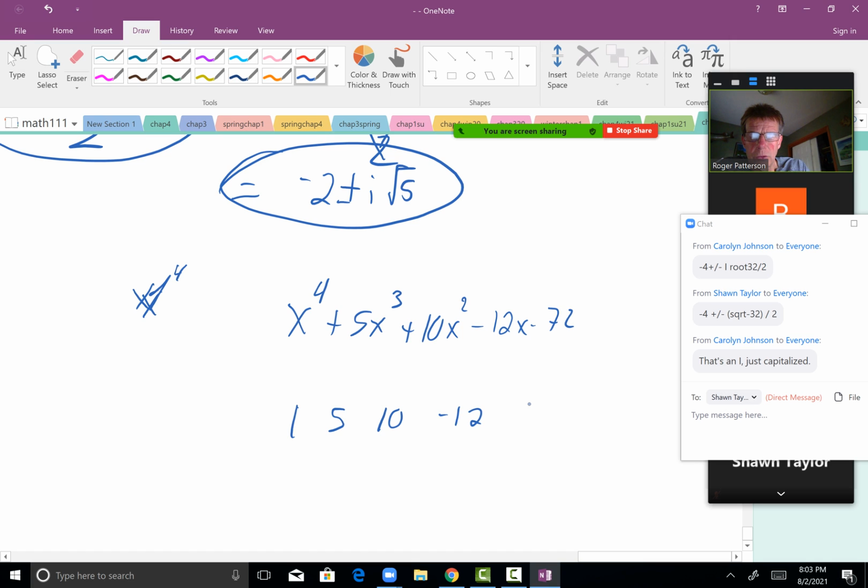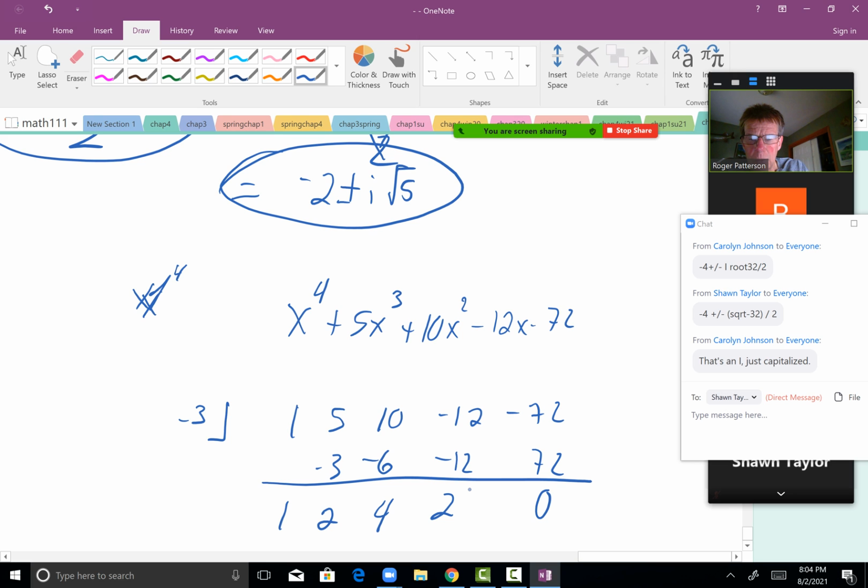It's a fourth degree. I know I'm going to have 4 solutions. Fundamental theorem tells me that. Let's see, I got a -3 as an x-intercept. I know I'm going to get 0 there. 1, -3, 2, -6, 4, and -12, which is 24. There it is.